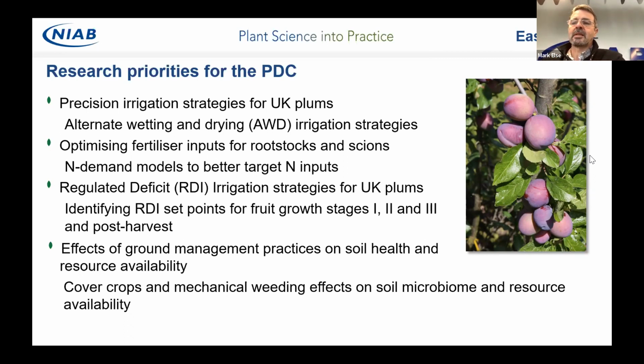For example, last year my colleague Michelle Fountain had a project where she was looking at the effects of wildflower strips on beneficial organisms and ecosystem services. And so we were just keen to start to gather some pump-priming data around the resource requirement for that crop as well. But essentially the focus is on targeted irrigation and fertigation to really try to optimise yields and quality. Okay, next slide, please.